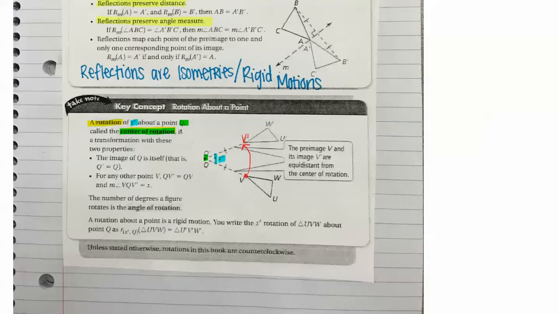If we were to take a segment from Q to V prime and Q to V and measure this angle, that would be x degrees. We could do that for all of the points, for W, for U. W is going x degrees, U is going x degrees. Those are all the same degrees.